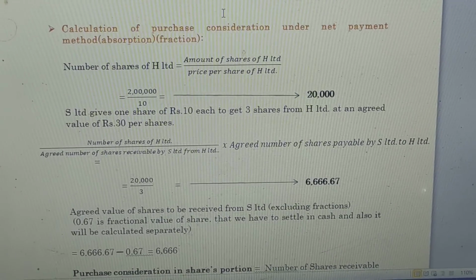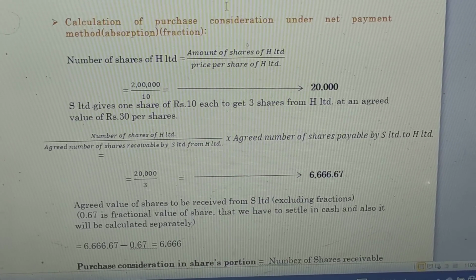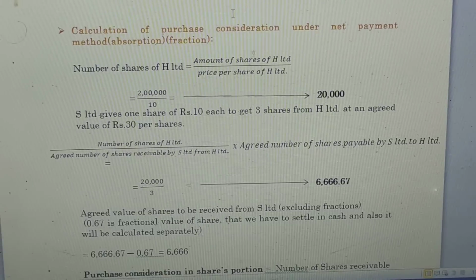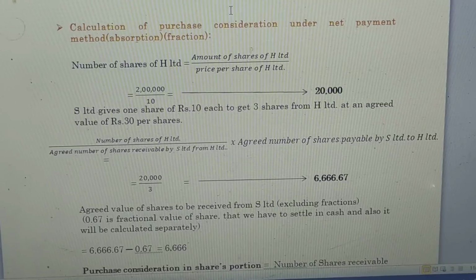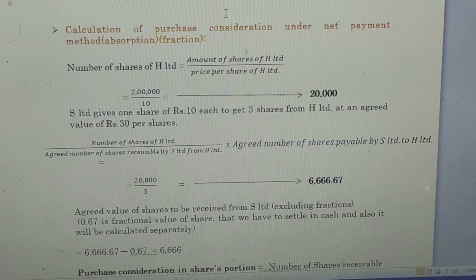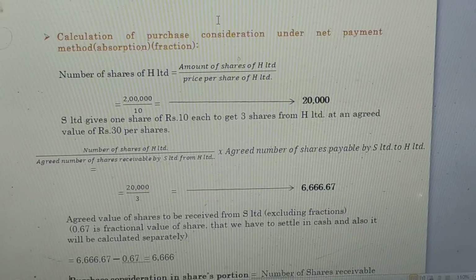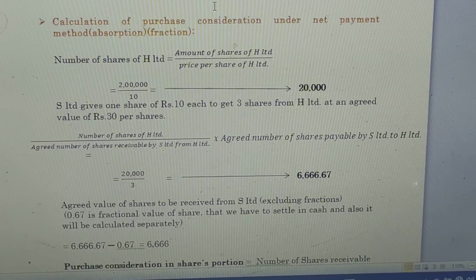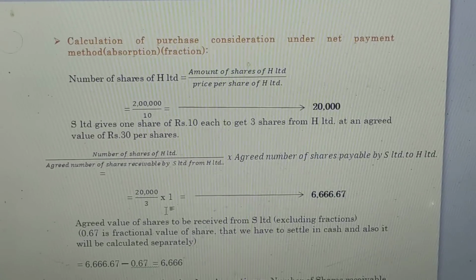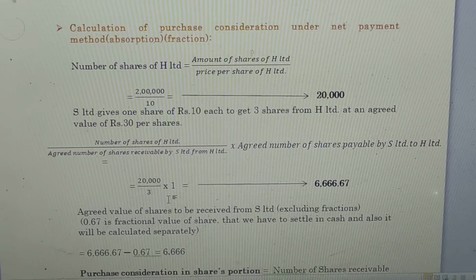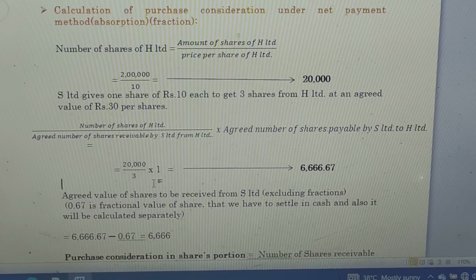The formula is: number of shares of H Limited divided by the agreed number of shares receivable by S Limited from H Limited, multiplied by the agreed number of shares payable by S Limited to H Limited. So 20,000 divided by 3 multiplied by 1, we get 6,666.67.